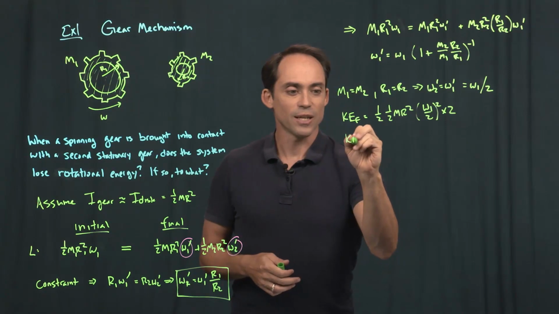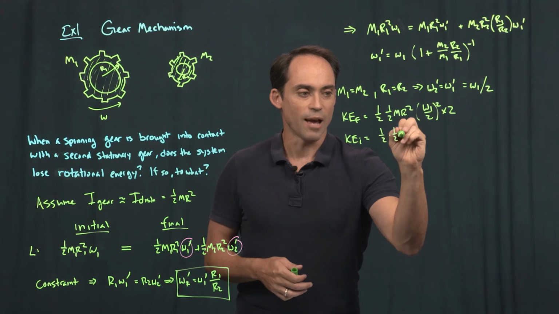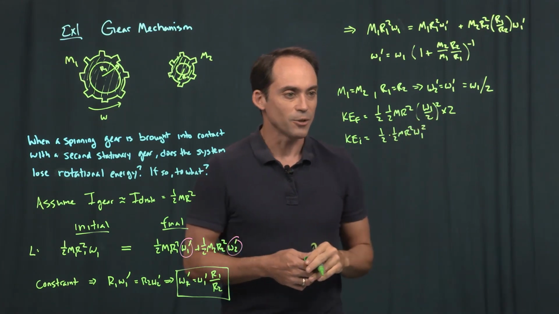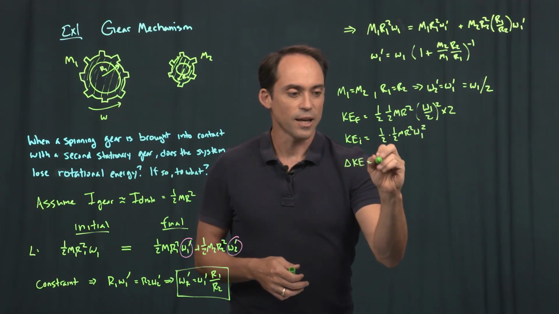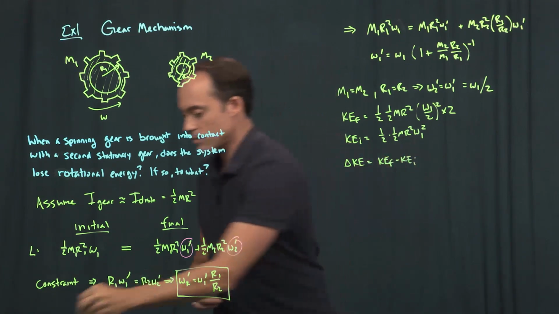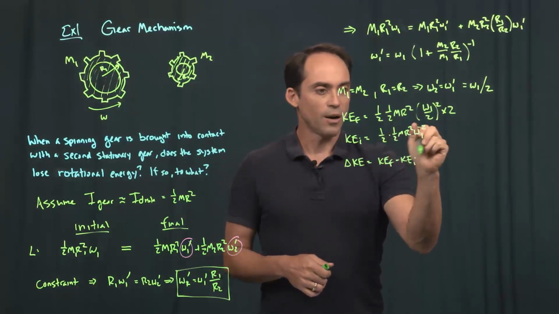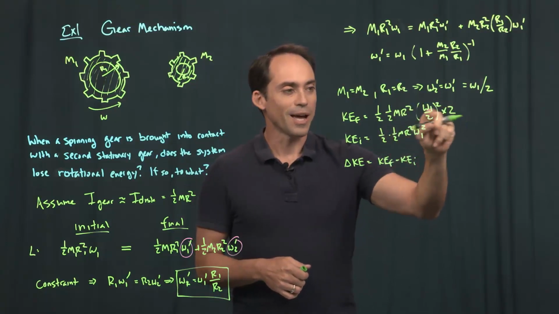Our initial kinetic energy is just 1/2 times 1/2 mr squared times the original angular rate. And when you compute the change in kinetic energy, that's just final minus initial. What we're going to find is that we're going to have 1/4, another quarter, but times 2.